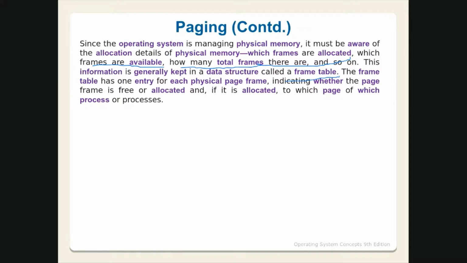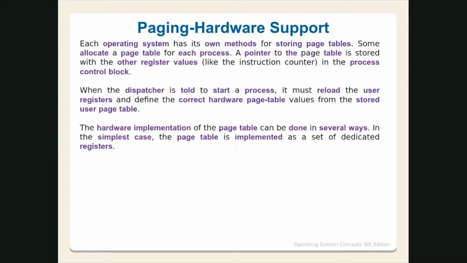This frame table has one entry for each physical frame. Similar to the page table, the frame table also has an entry for each frame. In the table there is an index; the index tells you the page number or frame number. So this frame table contains those details. Let's see what it looks like.